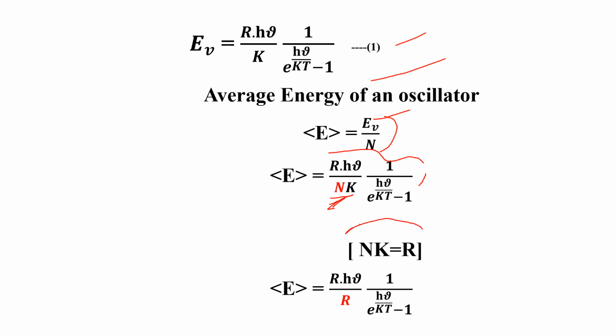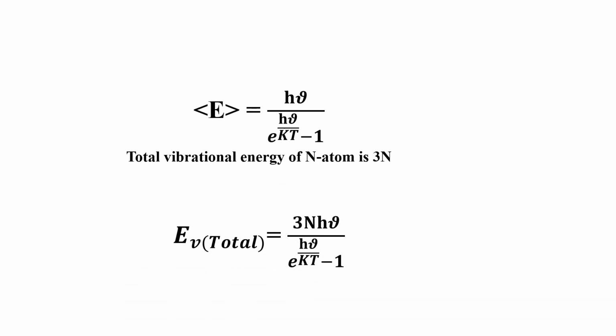Nk we already know is equal to R, so in the denominator, instead of Nk, we can substitute the value R. Then there will be R in the numerator and in the denominator, highlighted in black and red color respectively, so both the R can be cancelled. Now you will have average energy as h nu by E power h nu by kT minus 1.